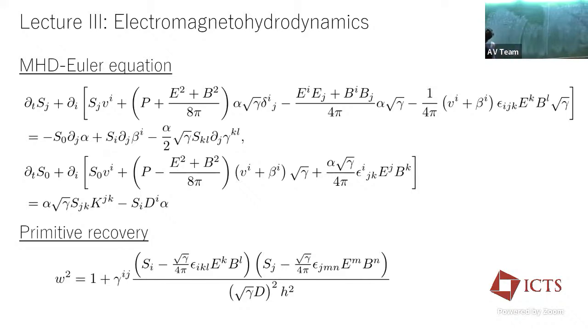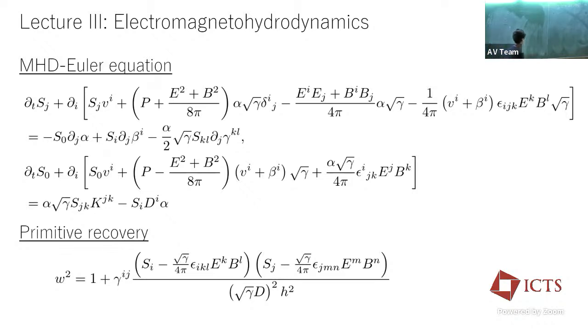Then by plugging in the lowered index, α times U^t becomes the Lorentz factor ω, and β^j plus... like this.